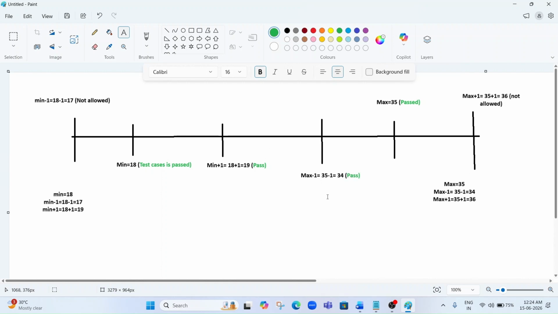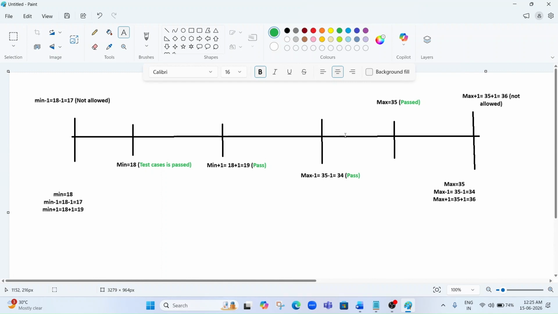So this is boundary value analysis. Our condition is a government-set rule creating a vacancy for ages 18 to 35; a person in that range is eligible to fill the form. We have tested 18 passed and 35 also passed, but using boundary value analysis we check the boundaries as well. 18 minus 1, 17, not allowed, negative scenario pass. Min plus 1, 19, is also allowed.